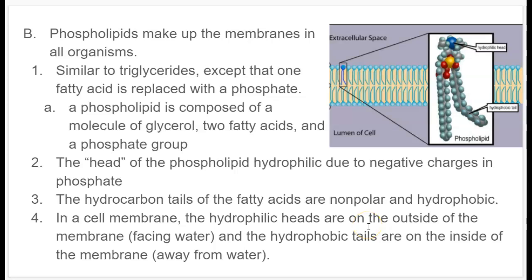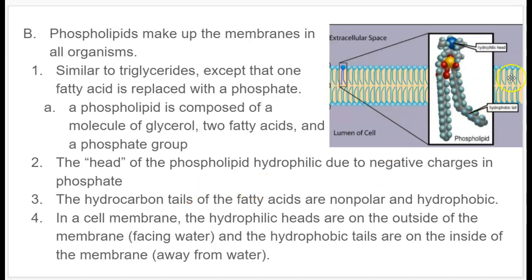And so these phospholipids have part of its structure that we refer to as sort of the head, which is hydrophilic. Remember, philic is loving, so hydrophilic, water loving, and it has to do with the negative charges in the phosphate. So because those negative charges are there, it can interact with water, not a problem.